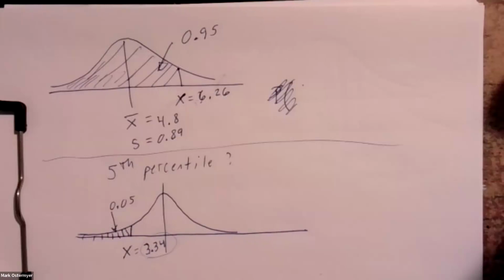In section 11.7, the normal distributions could have any mean and any standard deviation now. But you still use the same calculators to answer the same type of questions that we answered in 11.6. Whether we're trying to compute an area, we use the normal calculator, or trying to find an unknown percentile value, we would use the inverse norm calculator.